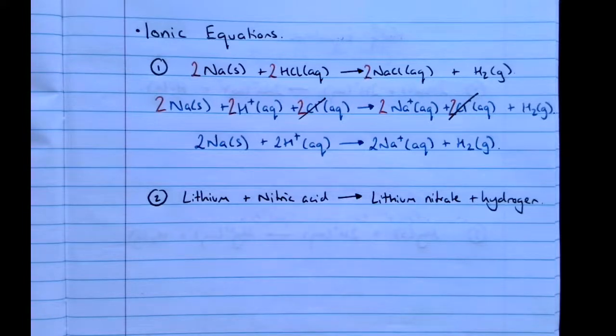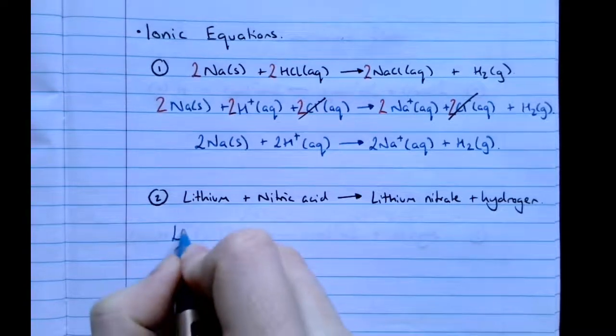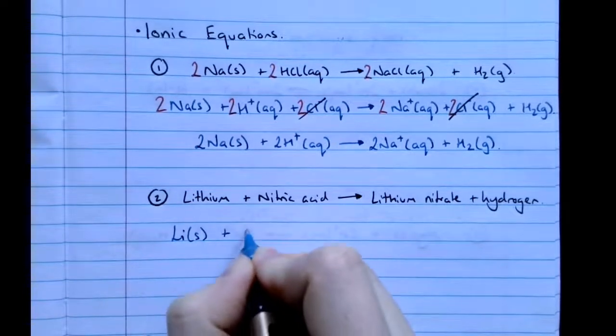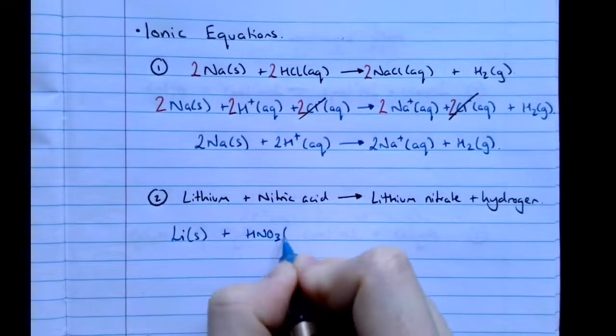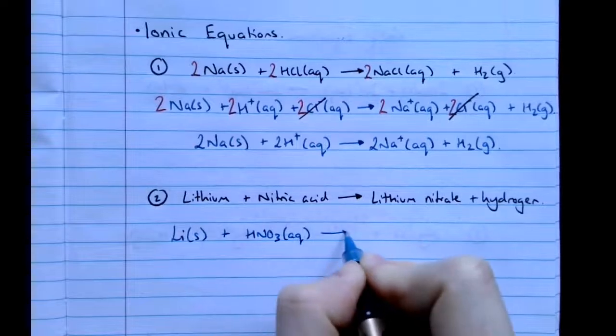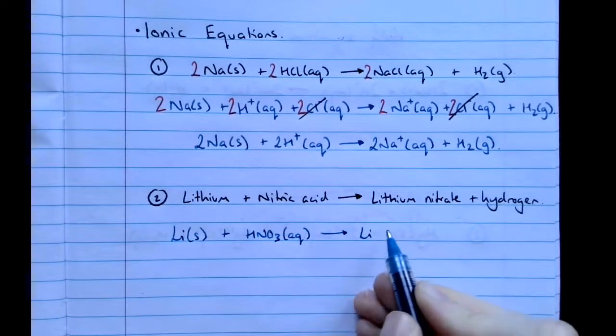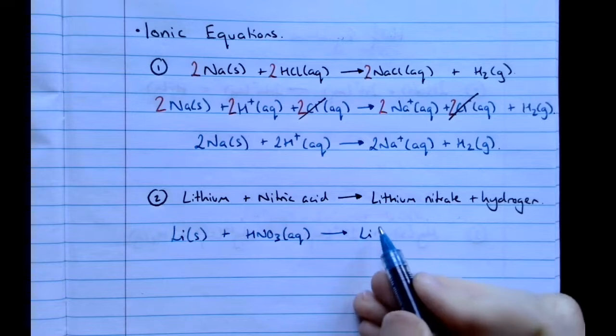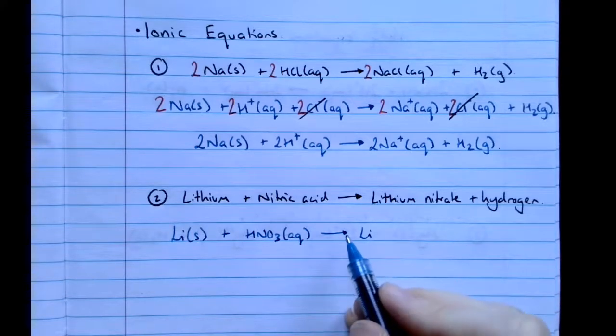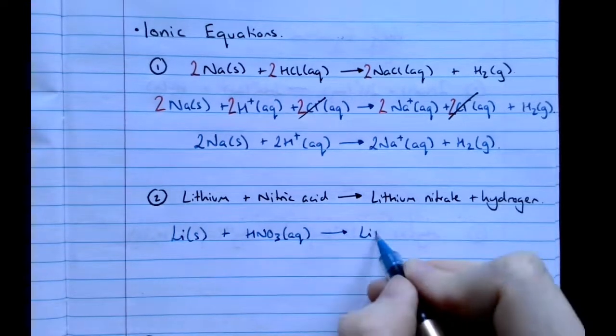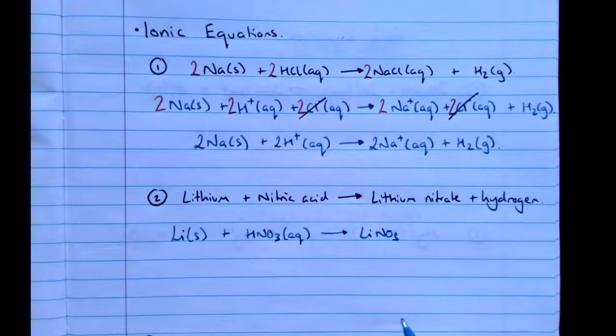Okay, so we've got lithium plus our acid, which is going to be aqueous solution, gives us Li, well, lithium is in group 1, so it's going to be Li plus. Nitric acid forms a nitrate, which is NO3 minus, so it's going to be NO3. So it's going to be 1-to-1 ratio.